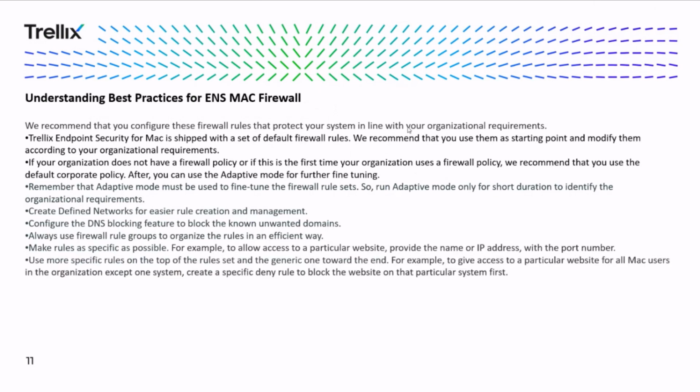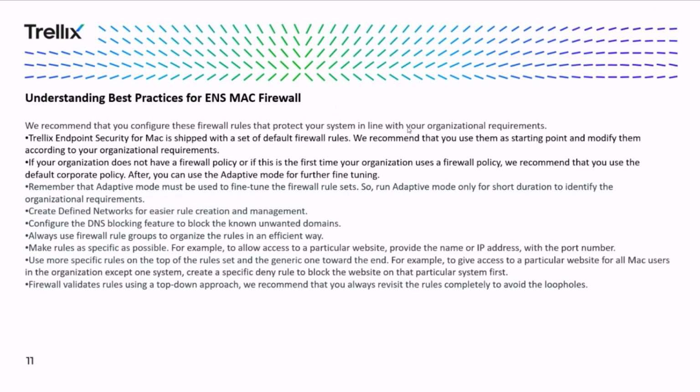Use more specific rules on top of the order. Top of the order, why? Because the firewall rules validate using a top down approach. So the higher in the hierarchy is the one which is going to be given preference first, and then something lower down that order will be considered.